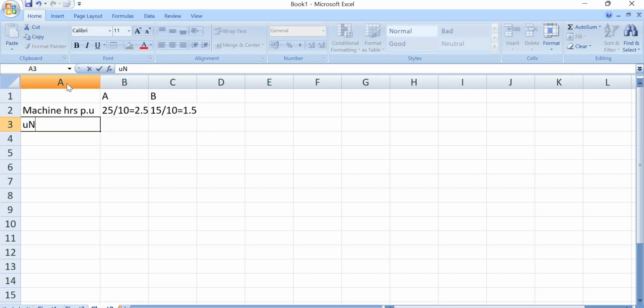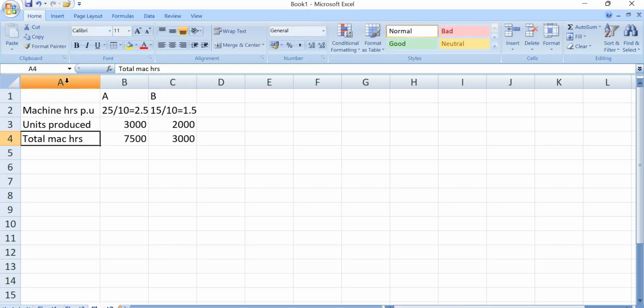So how many units am I producing as of now? 3000 and 2000 units, right? So for producing 3000 units, 3000 into 2.5 per unit, and 2000 into 1.5, so 7500 and 3000 machine hours required, that is a total of 10500 hours.